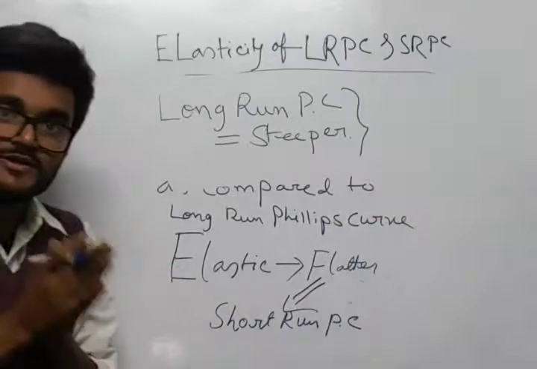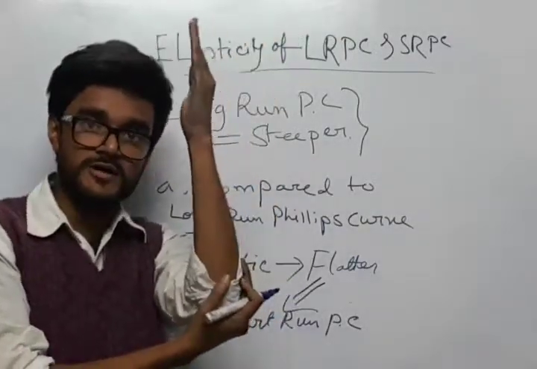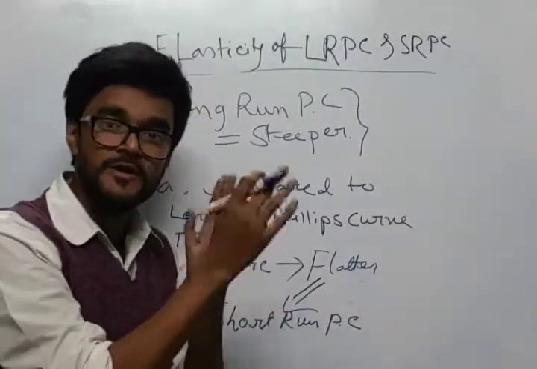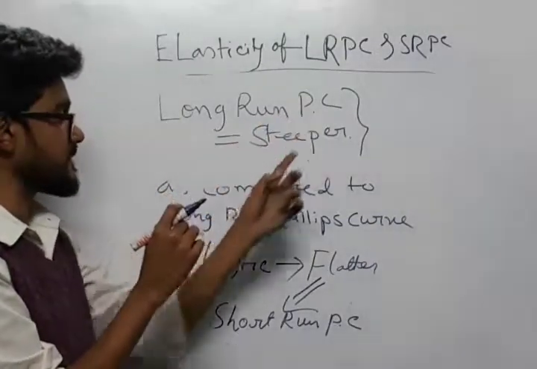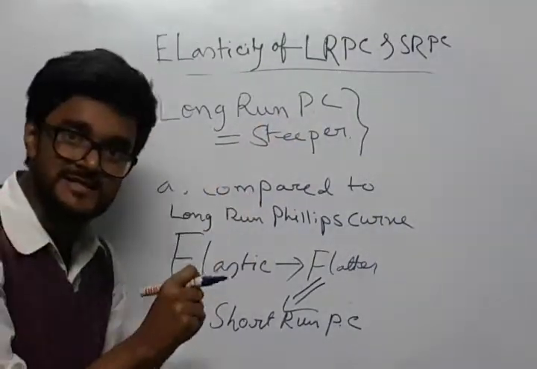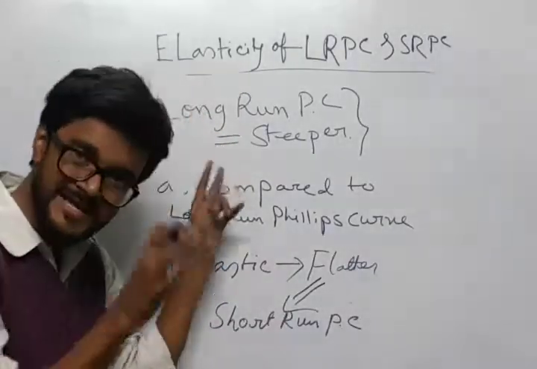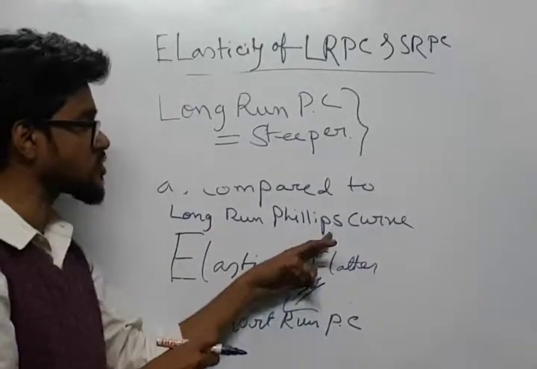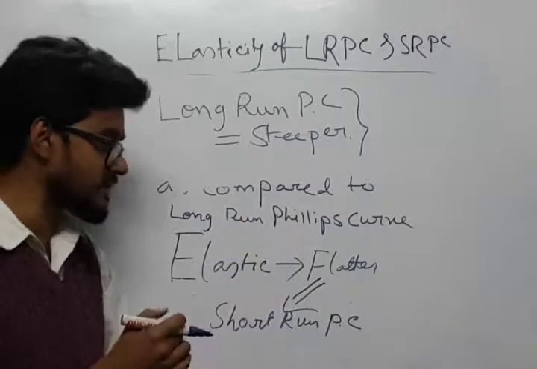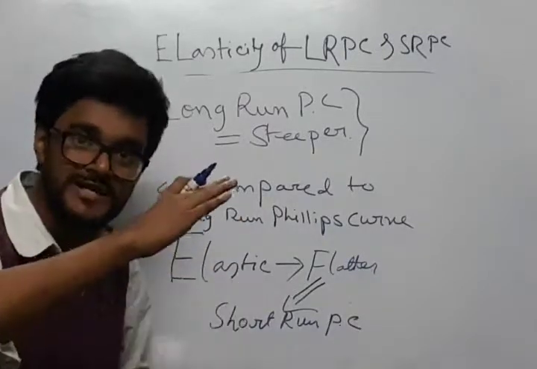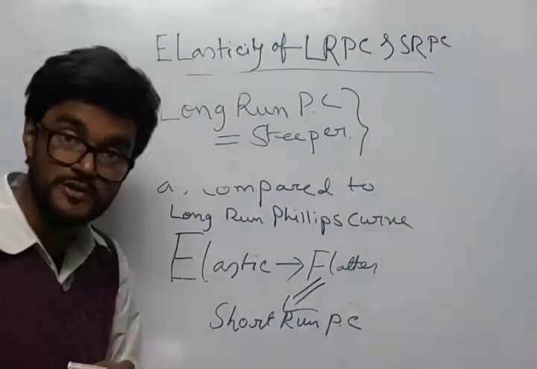Then we drew the long run Phillips curve, which is vertical, and we compared the two and came to the conclusion that the long run Phillips curve is less elastic, or perfectly inelastic, as compared to the short run Phillips curve. So we conclude that the short run Phillips curve is flatter, which is more elastic, as compared to the long run Phillips curve.